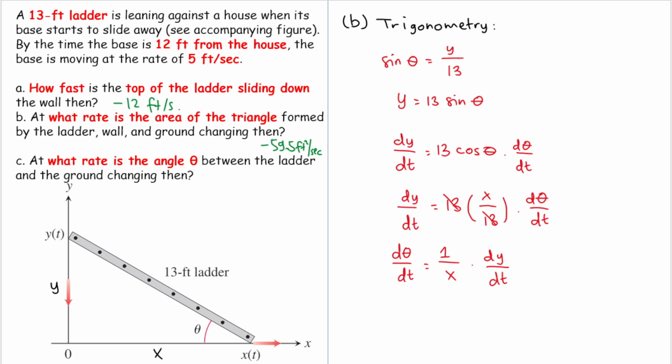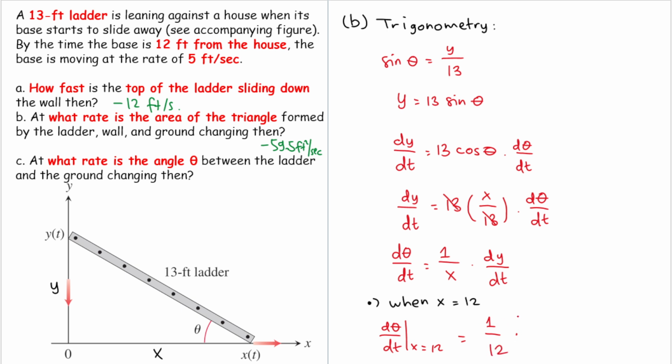Now we can just plug that in, right? So when x is equal to 12, what is d theta over dt? Now we will have 1 over x, and x is 12, so 1 over 12.